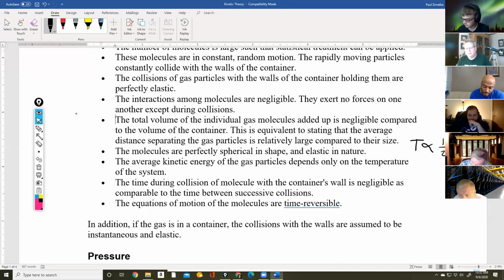And we put a line on top to say average. Average kinetic energy of the molecules. Which means average mass and average velocity. We say that the time dt is infinitely small.